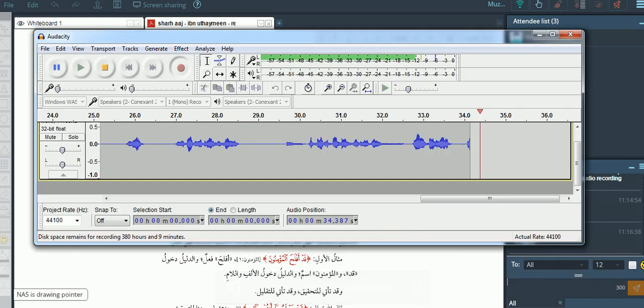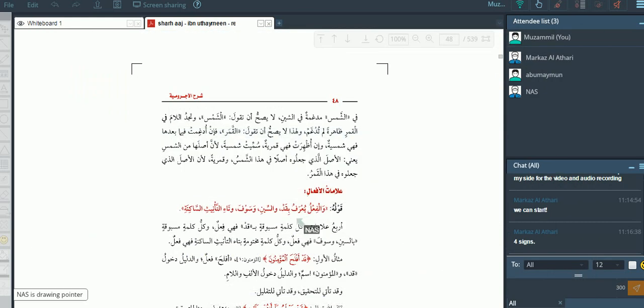والفعل يعرف بقد والسين وسوف وتاء التأنيث الساكنة.